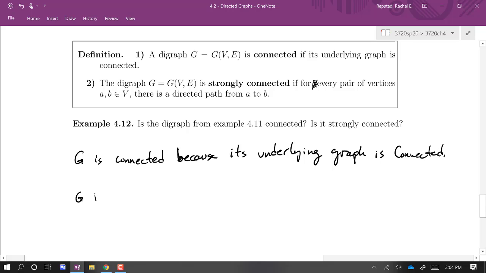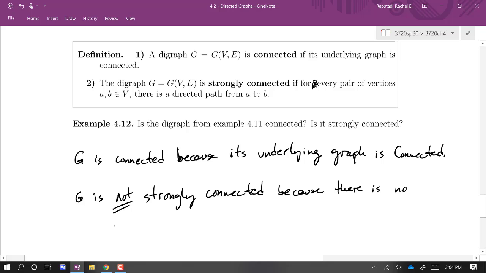G is not strongly connected because there's no directed path from V4 to, I don't know, V1, for example, or to any other vertex for that matter.